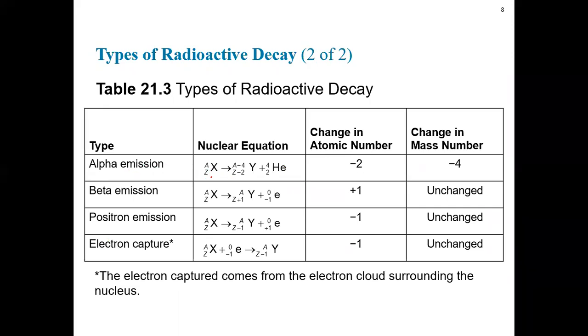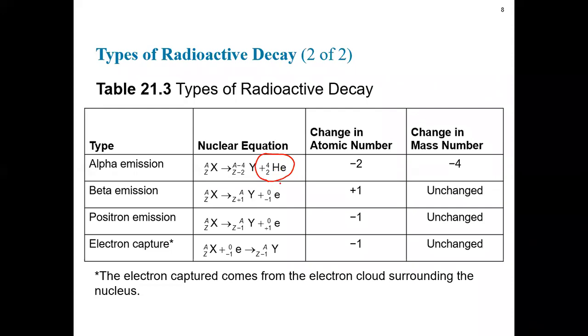In alpha emission, a hypothetical way of writing the nuclear equation is here. X and Y are different names for the elements or the nuclei. What is common in this product? This product is our alpha particle, which has this notation.